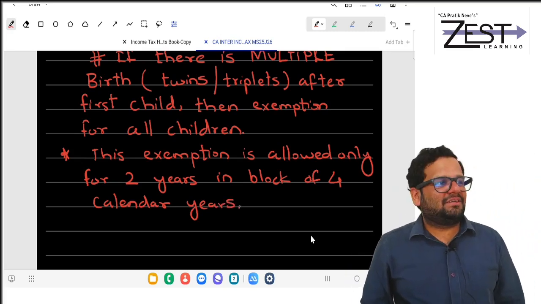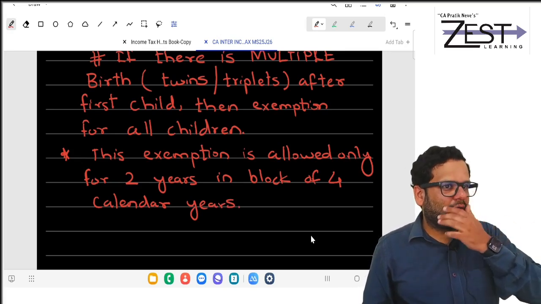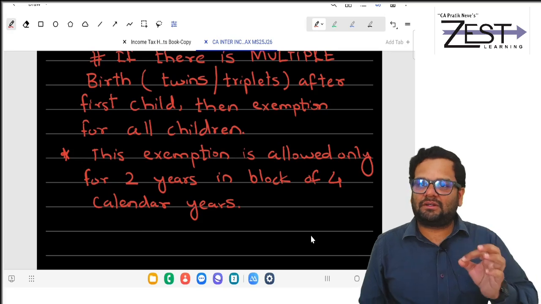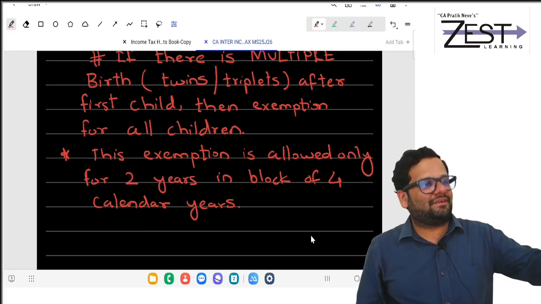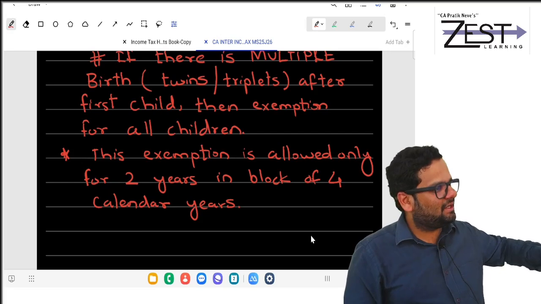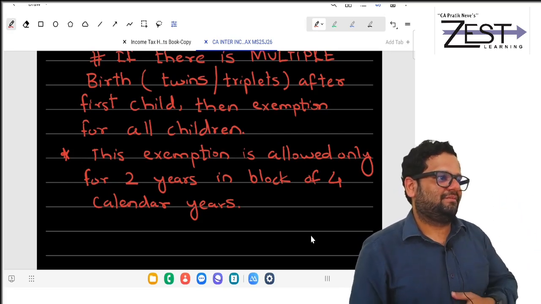That's it. So this is the exemption, a very easy exemption. Whatever amount you are spending on actual traveling within India, take it as exemption.